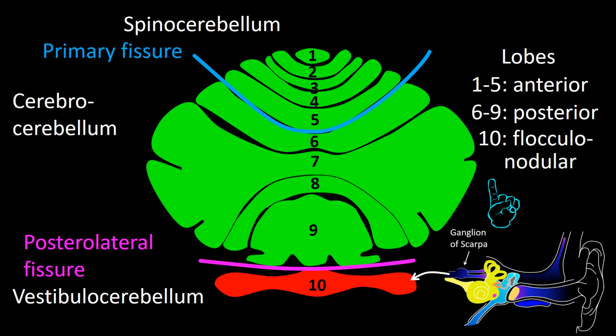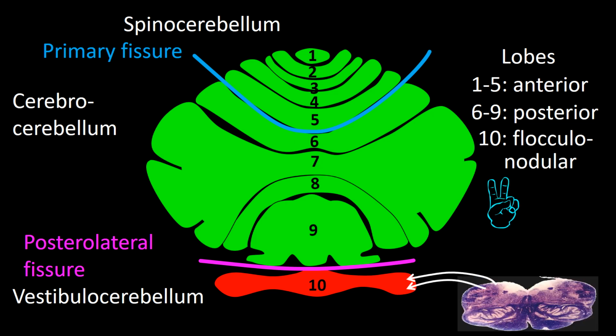The vestibular cerebellum has 3 unique features. 1. The vestibular cerebellum receives a substantial amount of its input from the vestibular nerve. This is unique since no other portion of the cerebellum receives direct input from a sensory nerve. 2. There are connections from the vestibular nucleus to the vestibular cerebellum without going through any intermediary nucleus.